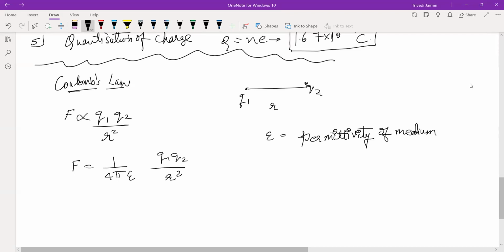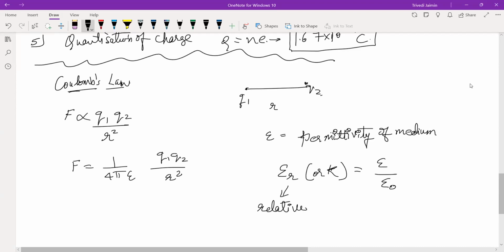So you can say epsilon_r, the relative permittivity, or we can say K equals epsilon by epsilon naught. So here this is your relative.